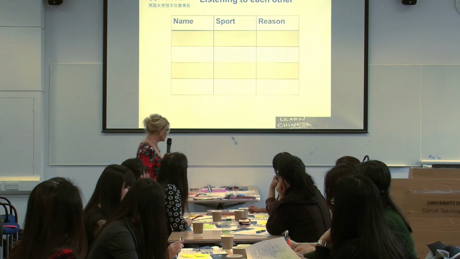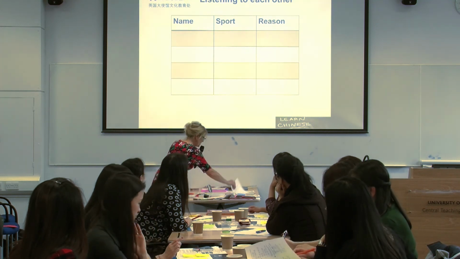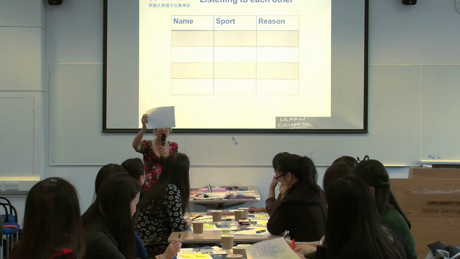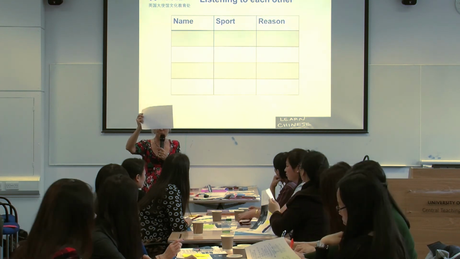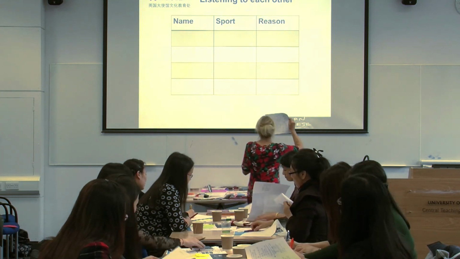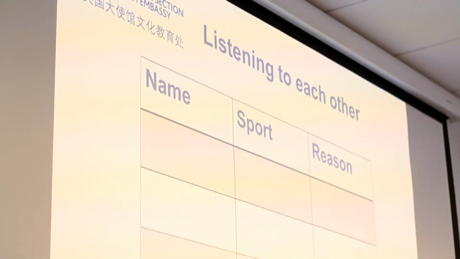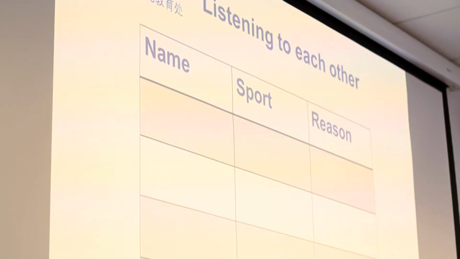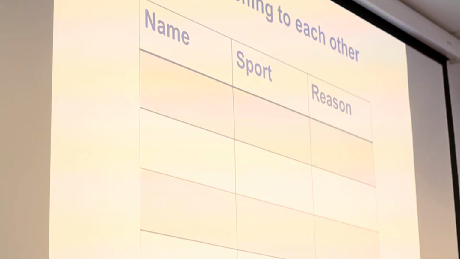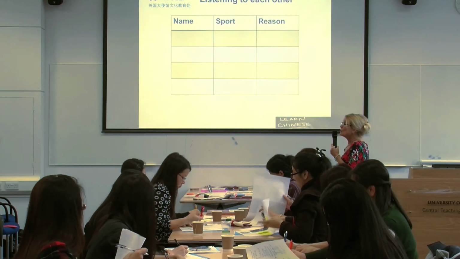So what I would suggest you do is to take a piece of paper, turn it over, and copy the grid. Where it says name, you're going to put 你叫什么? Then you're going to write 运动.